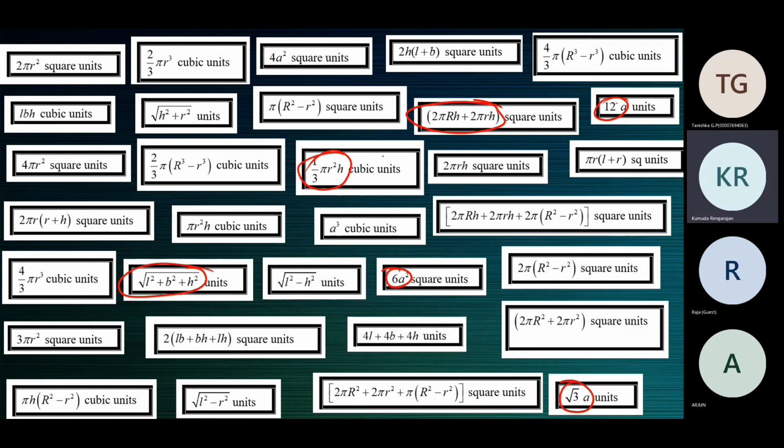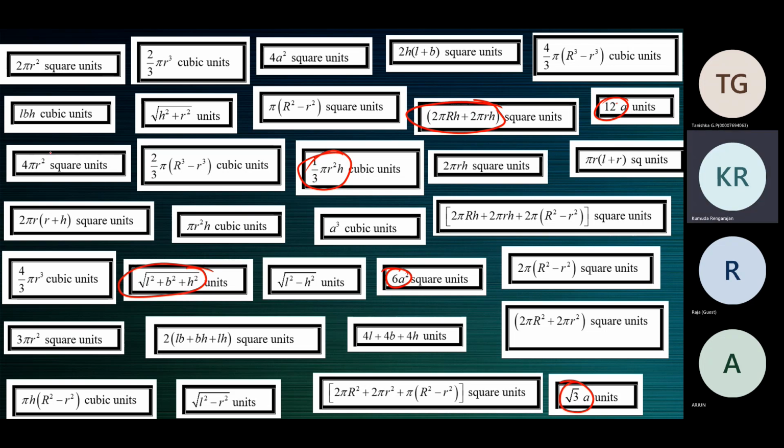What is 2 pi RH plus 2 pi RH, children? TSA of hollow cylinder, ma'am. CSA, correct. The inner CSA plus the outer CSA. 2 pi capital R H is the outer CSA plus 2 pi small r H is the inner CSA.